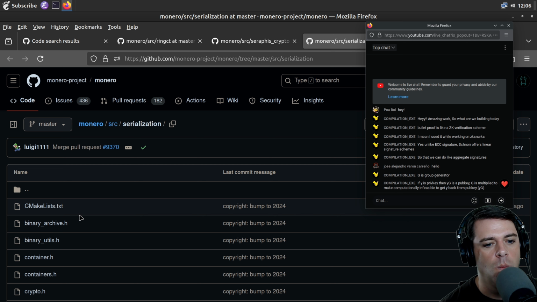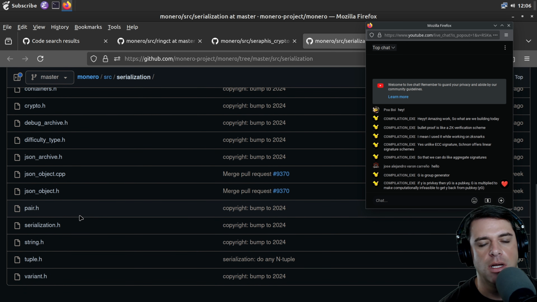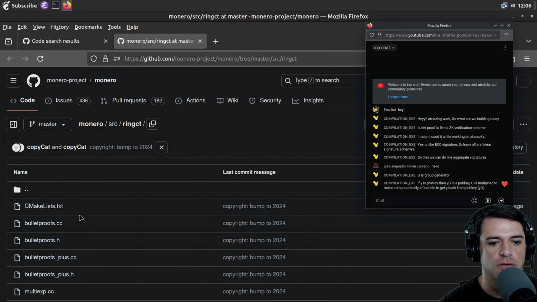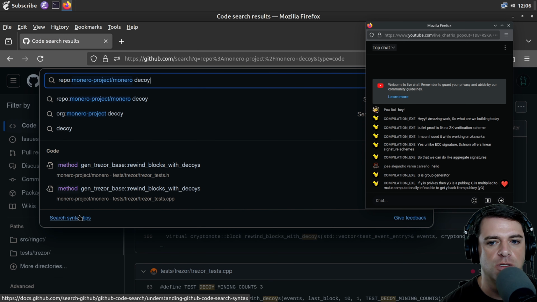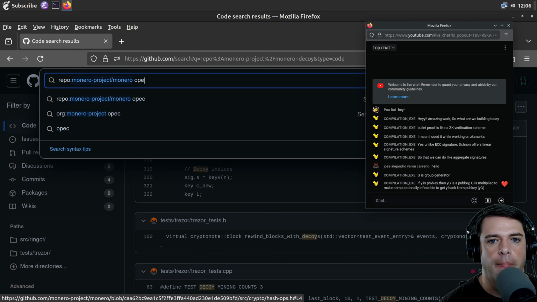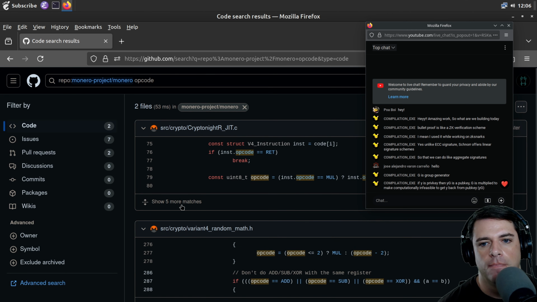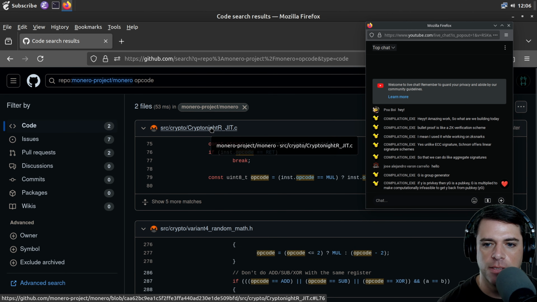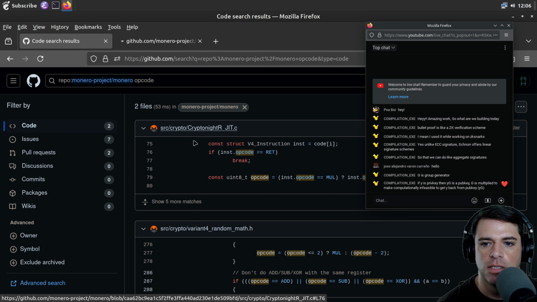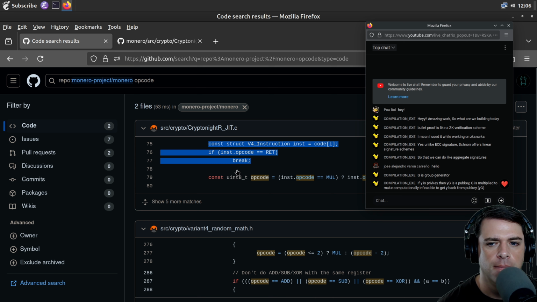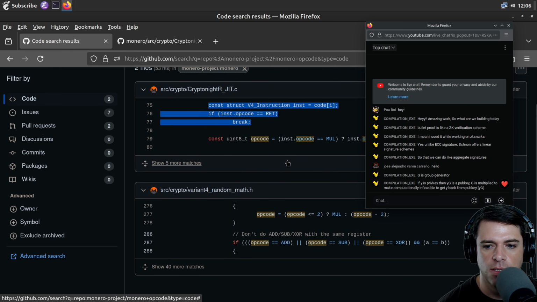Serialization. We'll ignore it. I at least want to see some of the opcodes just to verify that it's something similar to what we've seen before. We have a kryptonite R JIT. So we have some sort of just-in-time compilation for something crypto related.